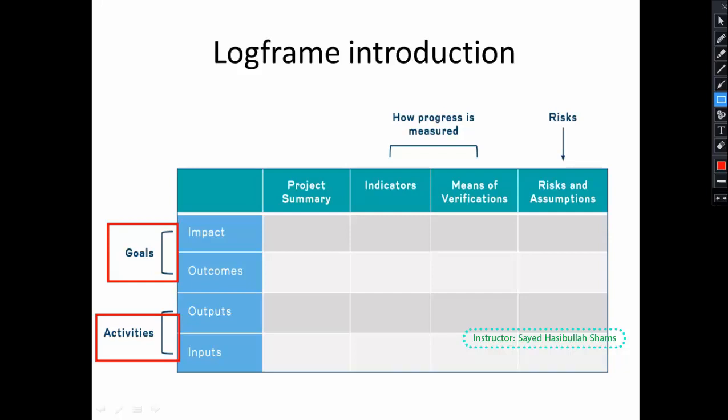And finally, risks and assumptions. So this is the structure of the Logframe, and this is the Logframe introduction. Now we will learn about these key terms in the next slide.